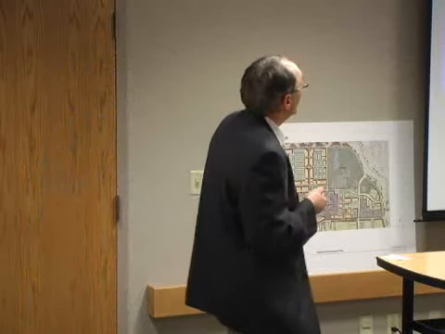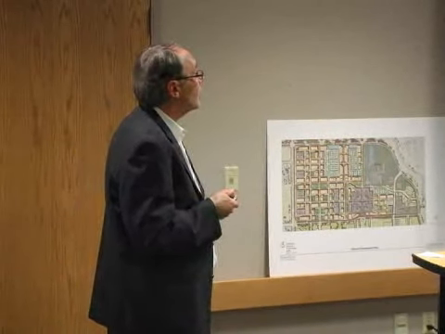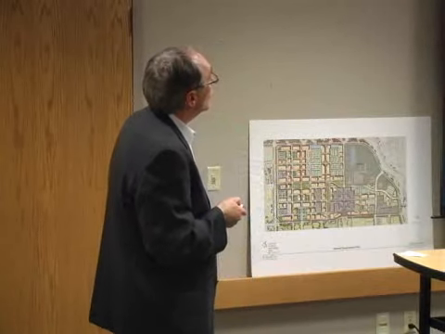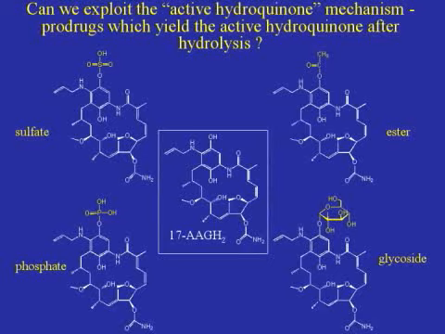And the nice part about this is some of these hydrolyzing enzymes, hydrolases and esterases, are elevated again in tumor cells. So that provides another potential targeting approach. I don't know if you can see that too well, but here's the structure of the hydroquinone that we were dealing with here. I've put in yellow some of the derivatives that we can use. For example, this one is a sulfate, and sulfatases are high in breast tumors.